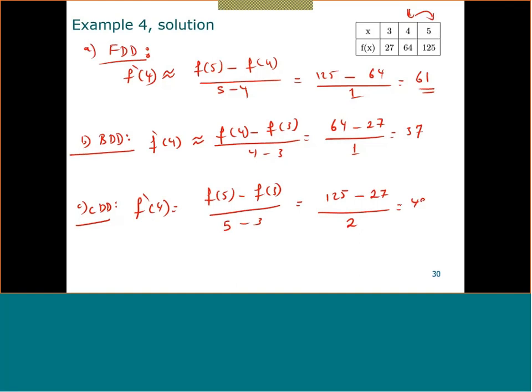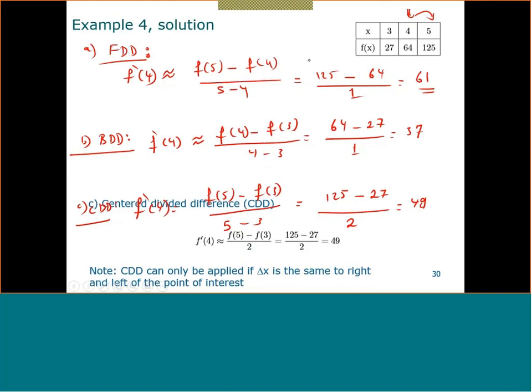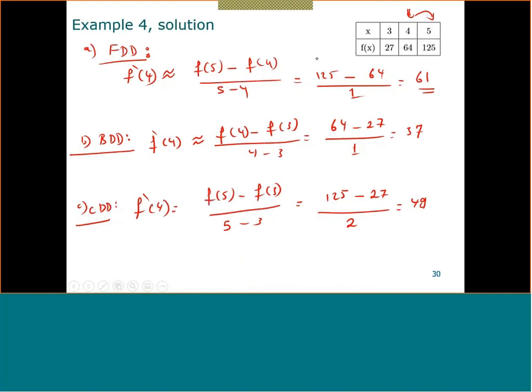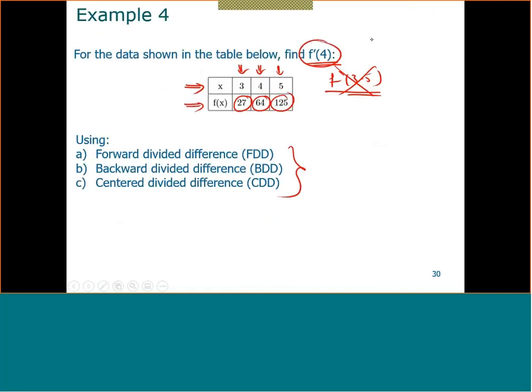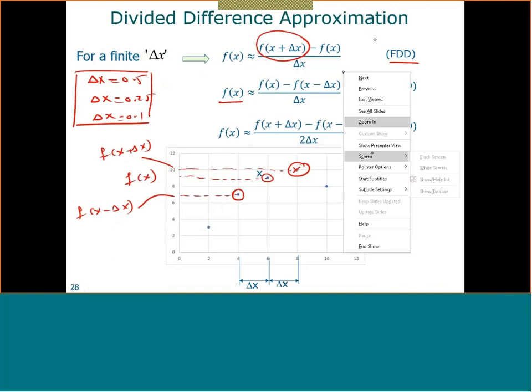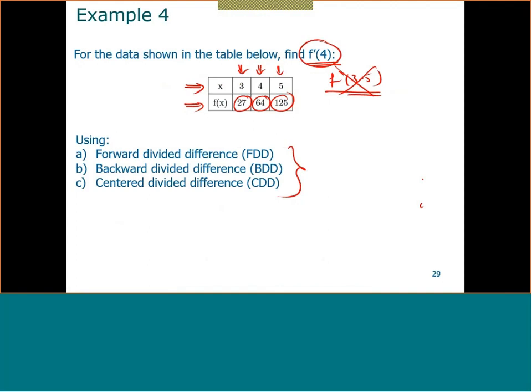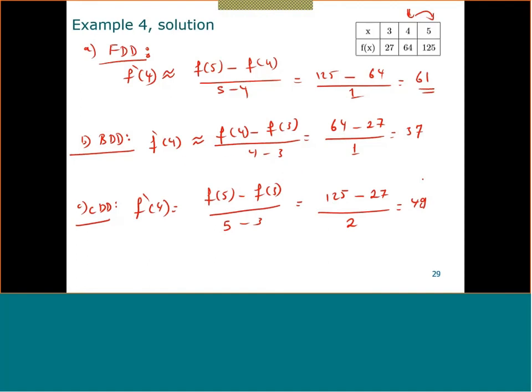Okay. Now, it's very important to note here that yes, I can calculate. Now, for example, can I calculate f prime of 5?